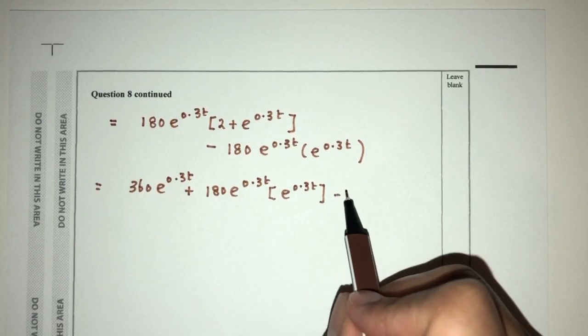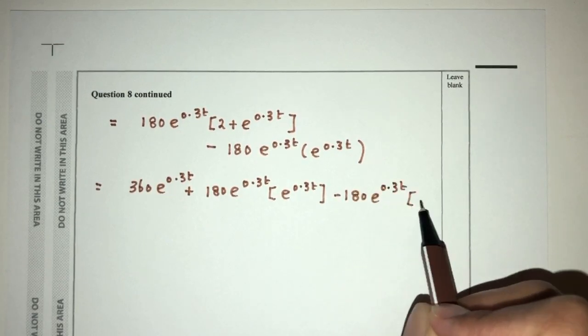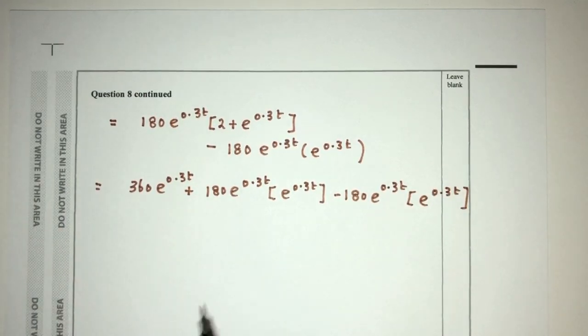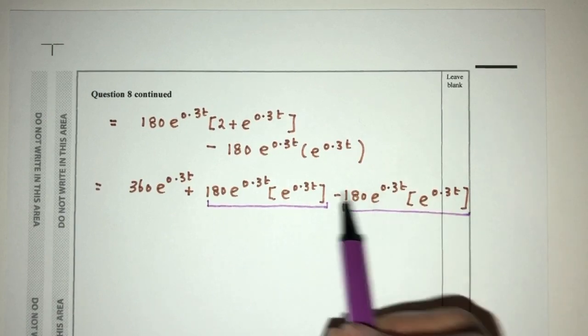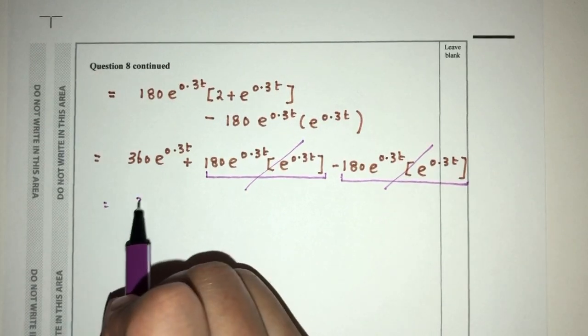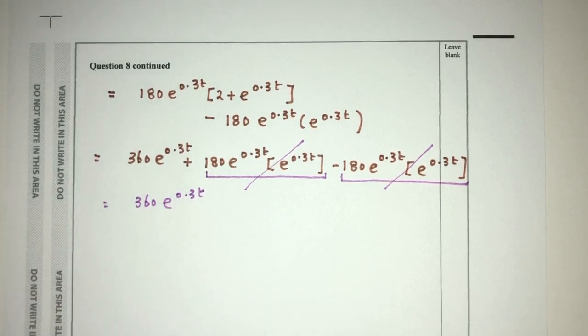Now here we have minus 180 exponential 0.3t times exponential 0.3t. Now by observation, this and this are the same thing. Here we have minus, so they will obviously cancel out. So that will give you 360 exponential 0.3t on the numerator.